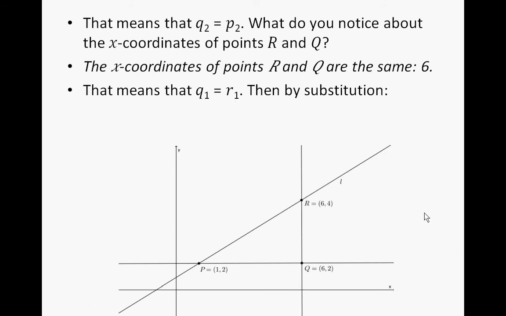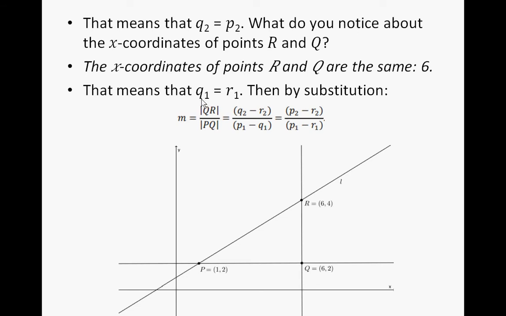Therefore, we can do some substitution. If we know that the slope is the distance between Q and R over P and Q, and we can also say that it's the difference between Q sub 2 and R sub 2 over the difference between P sub 1 and Q sub 1, well, we just said Q sub 2 is the same as P sub 2, so we're going to substitute Q sub 2 with P sub 2.